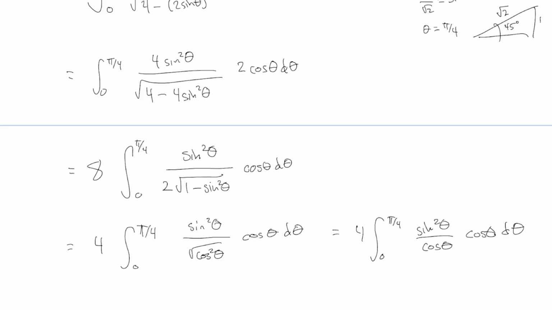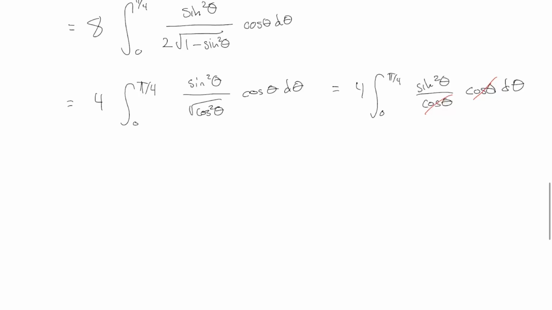And if you haven't screwed it up already, everything works perfectly so that those cosines will cancel, right? And I feel like a good boy. It turns into just the integral of sine squared theta. So this is 4 integral 0 to pi over 4 of sine squared theta d theta.